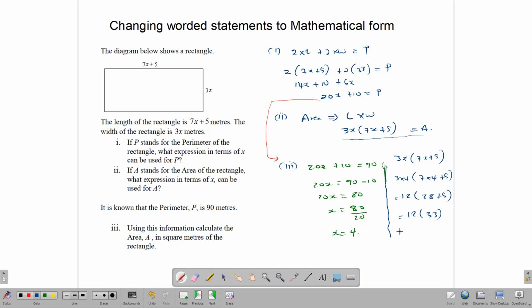That would tell us that the area of the rectangle is equal to 396 meters square.